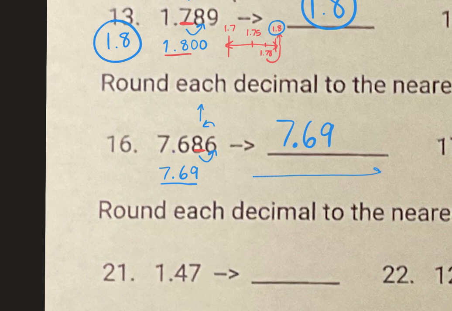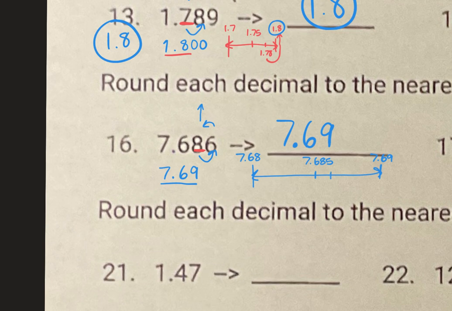And so again, if I had a number line on this just to show you, if I had 7.69 and then I had 7.68, my dead center would be 7.685. The number on 16 says 7.686.